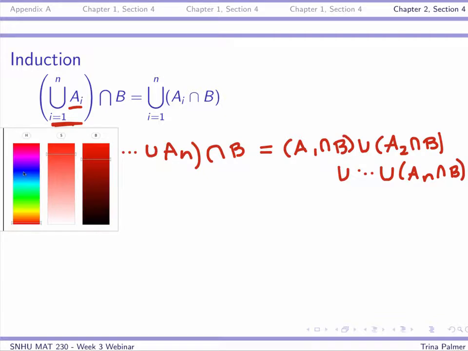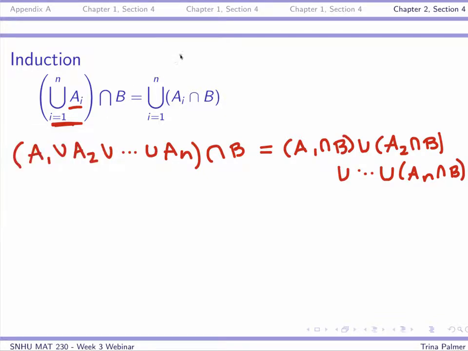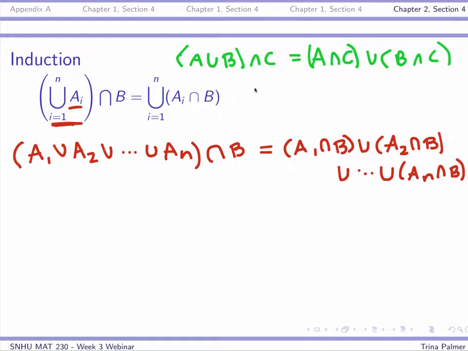We do have a theorem that says A union B intersect C is equal to A intersect C union B intersect C.